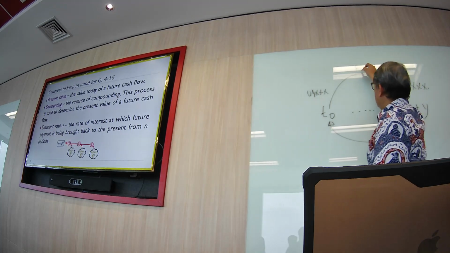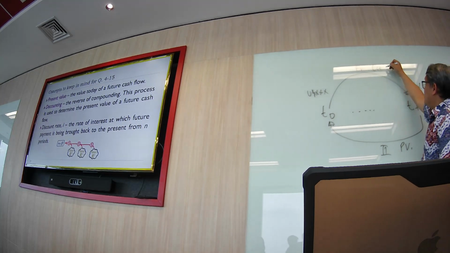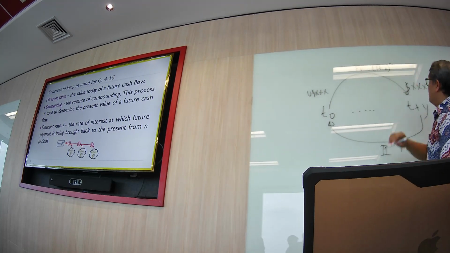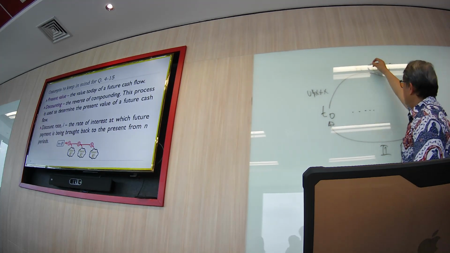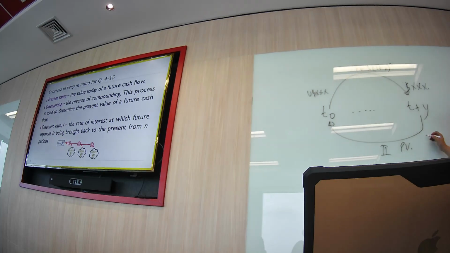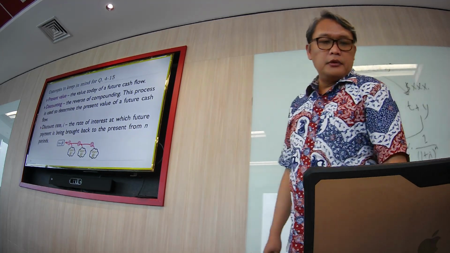So this is the future value. Future value means you multiply by 1 plus i to the power n, and present value means 1 over 1 plus i to the power n. So you discount it, right? This is the case.